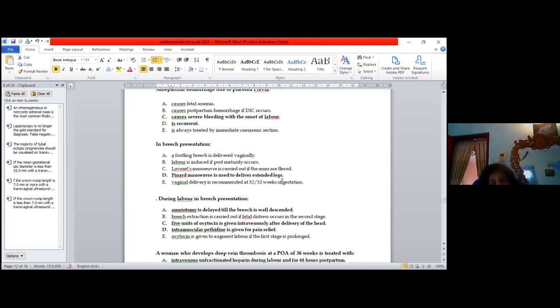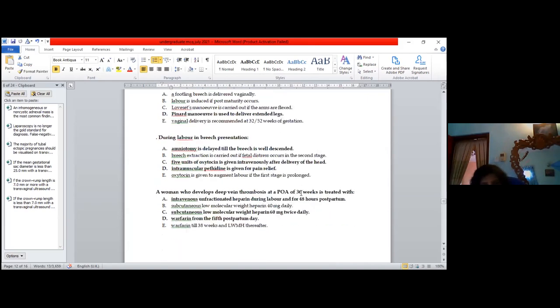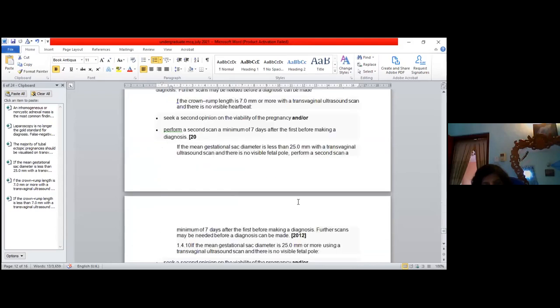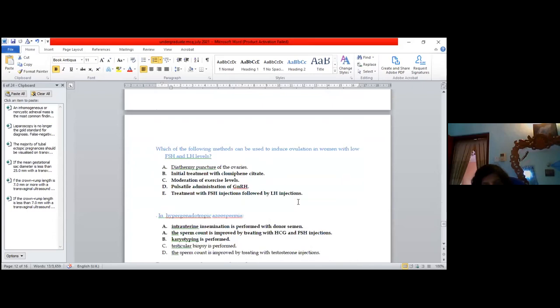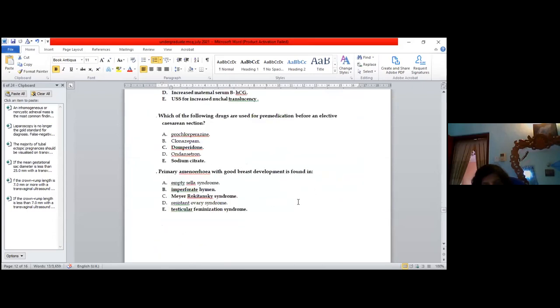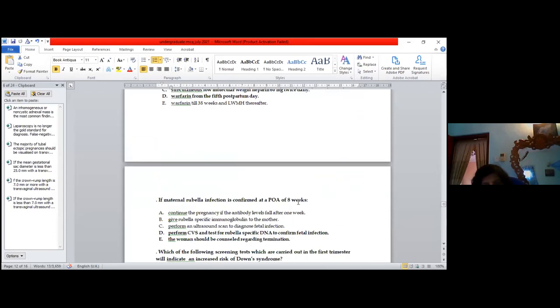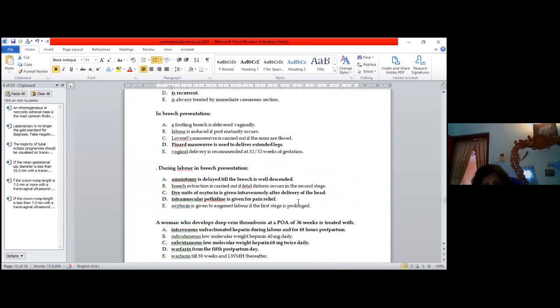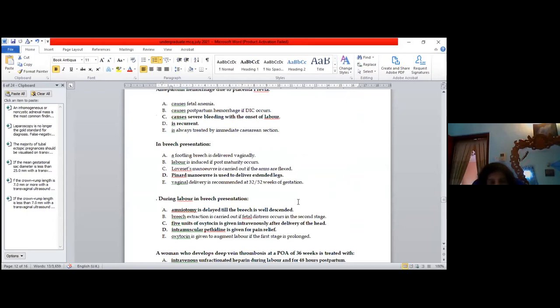What is meant by footling breech is where the foot is below the buttocks and is the presenting part at the internal os. So footling breech cannot be delivered vaginally.